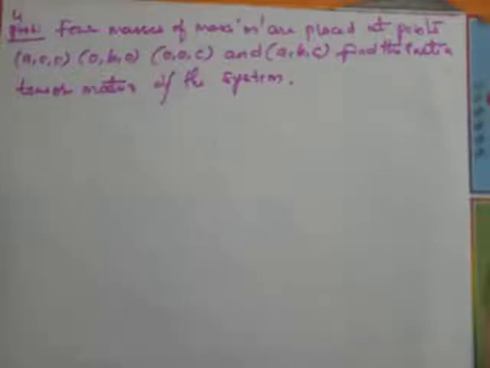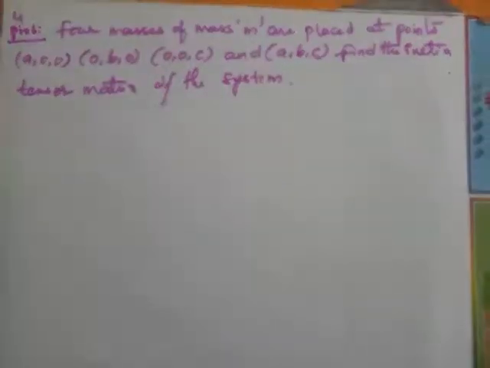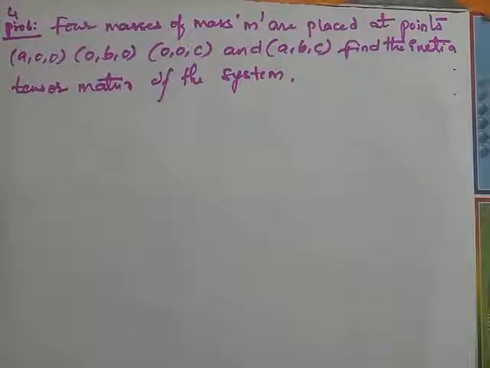What is that? Four masses of mass small m are placed at points a 0 0, 0 b 0, 0 0 c and a b c. Find the inertia matrix of the system. Okay, we are going to find out the inertia tensor matrix of the system.